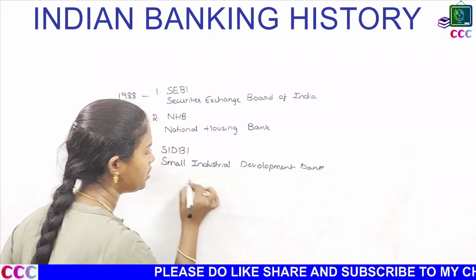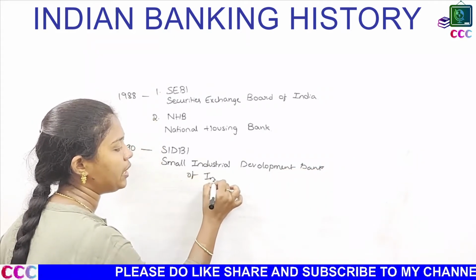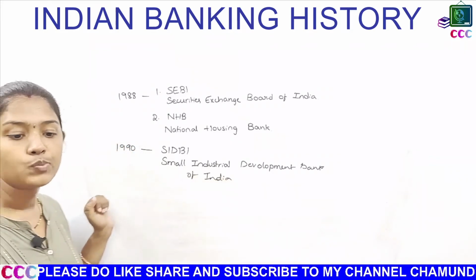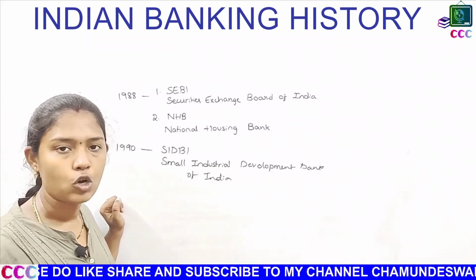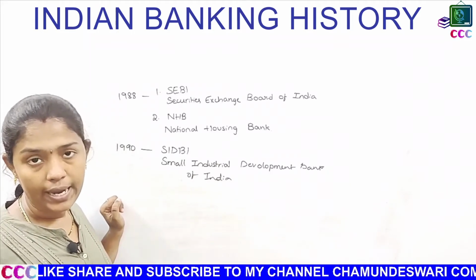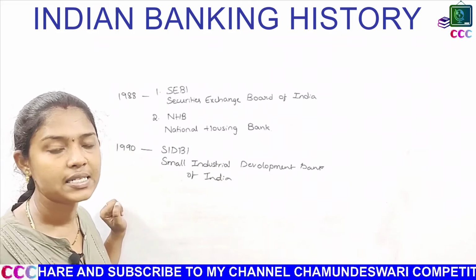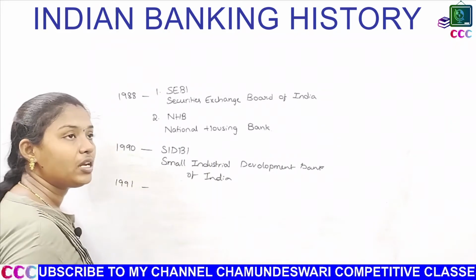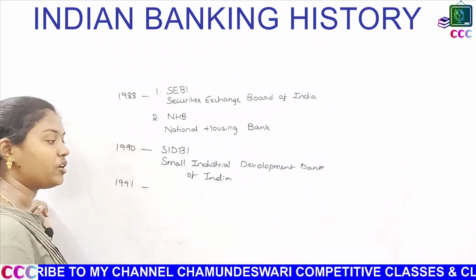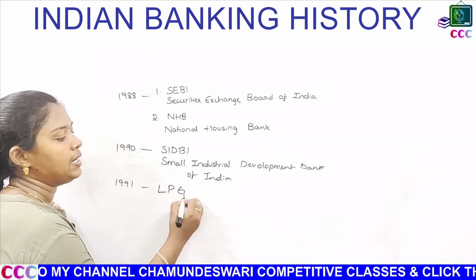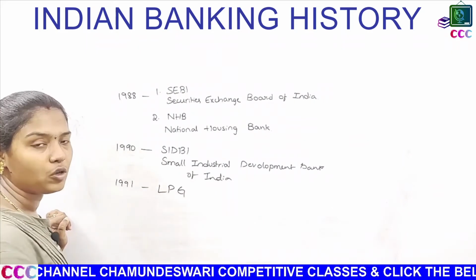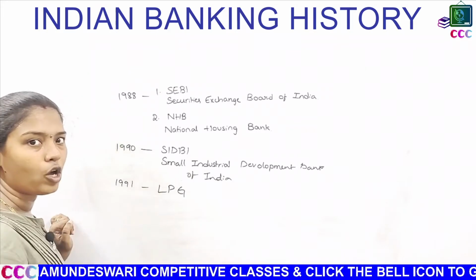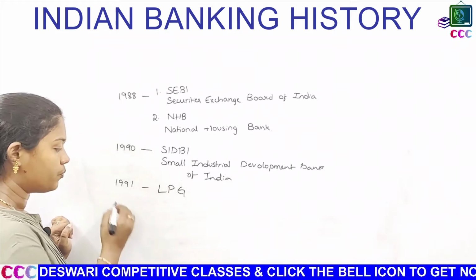It concentrates on MSMEs, micro, small and medium enterprises. Clear? Next, 1991. Economic reforms took place. Those economic reforms are LPG: liberalization, privatization and globalization. We will discuss this concept briefly in the economy videos.